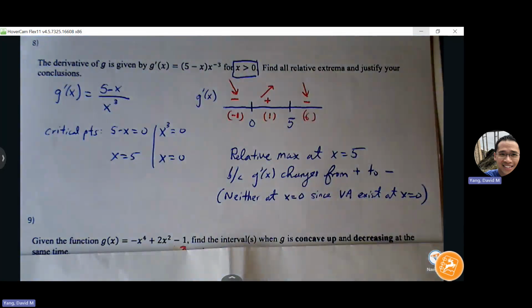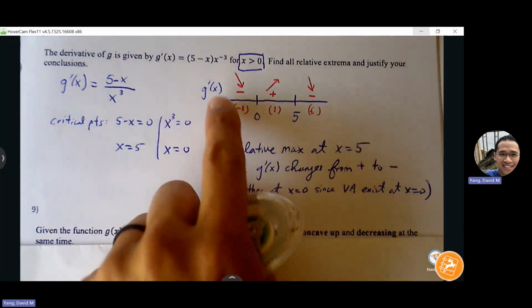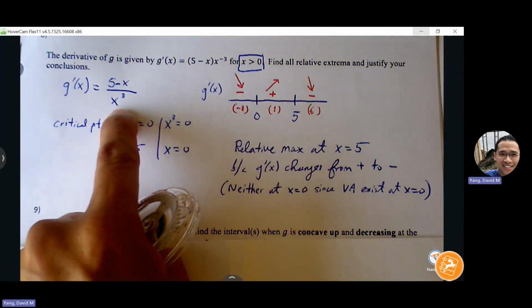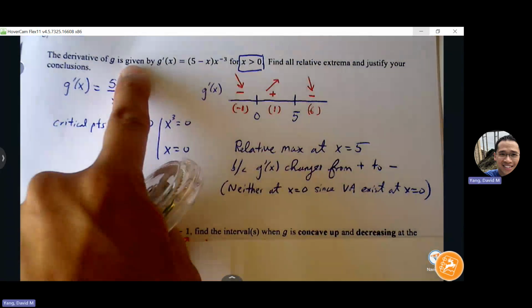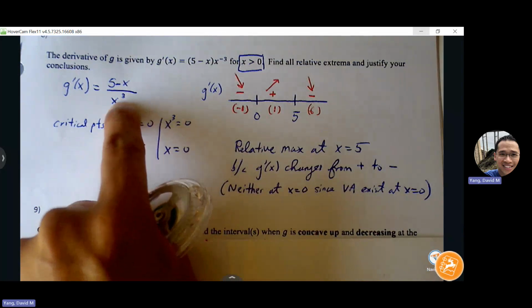So how do you know that the vertical asymptote is at 0? Yeah, this is kind of an educated guess that the function before it had an x, and when you find the derivative, that denominator is going to show up again.